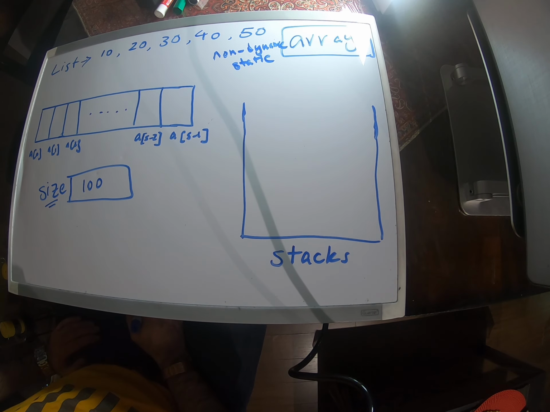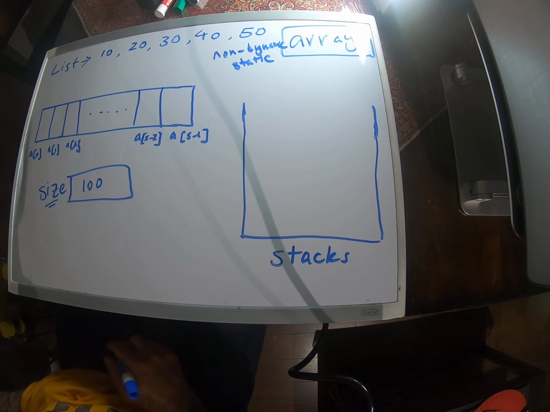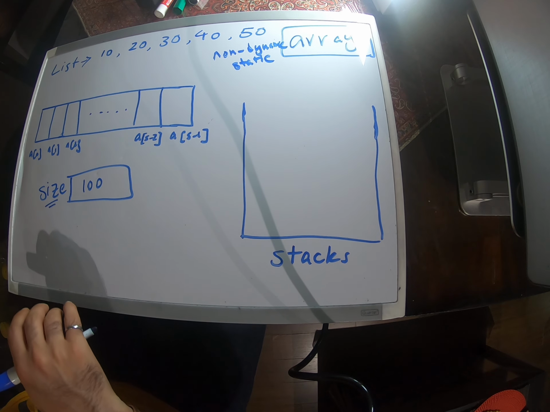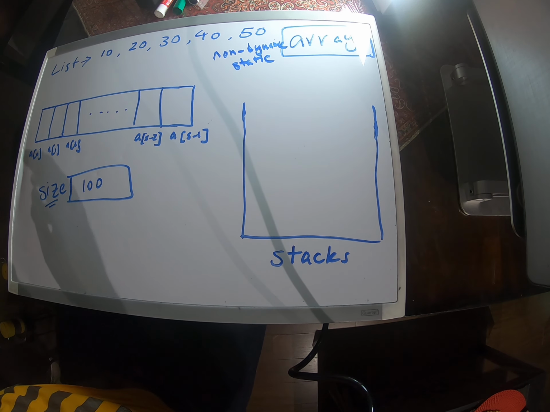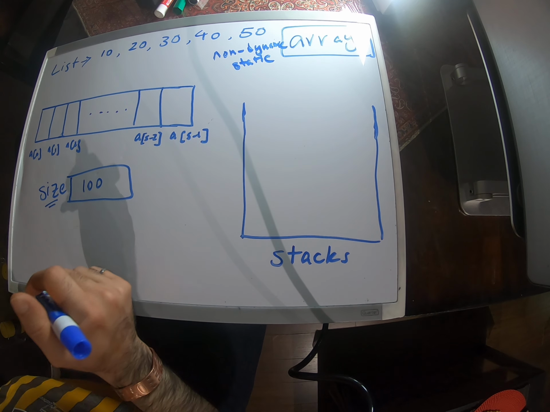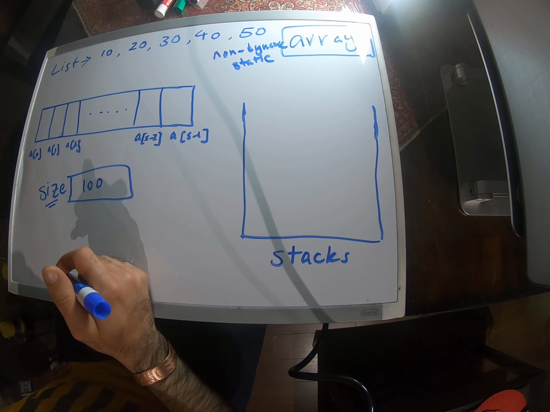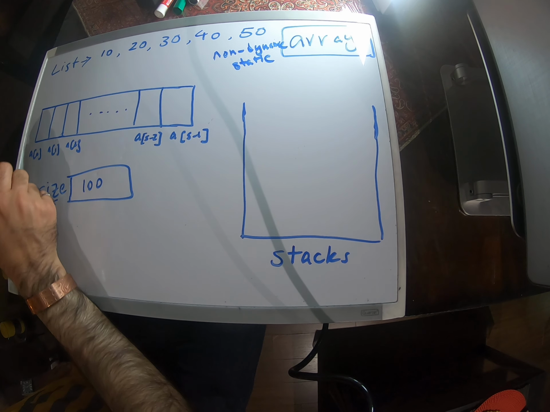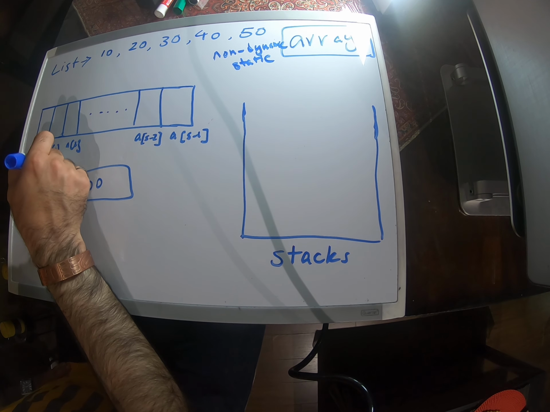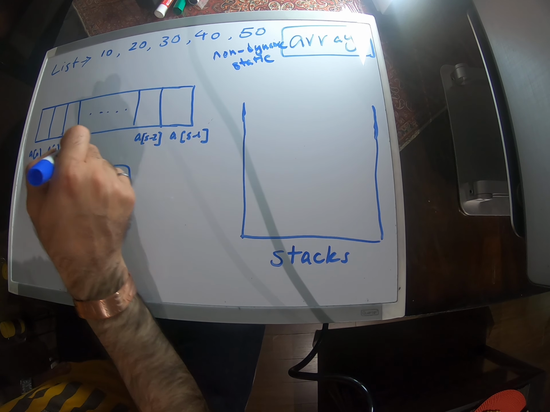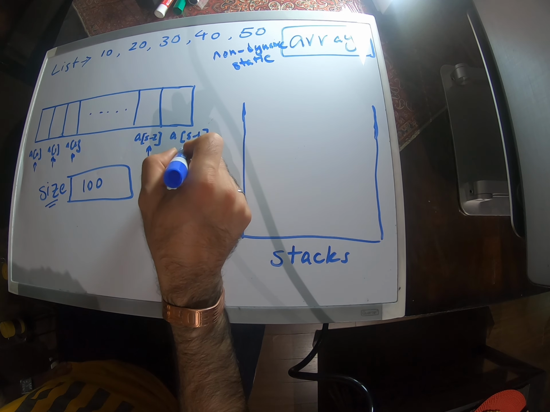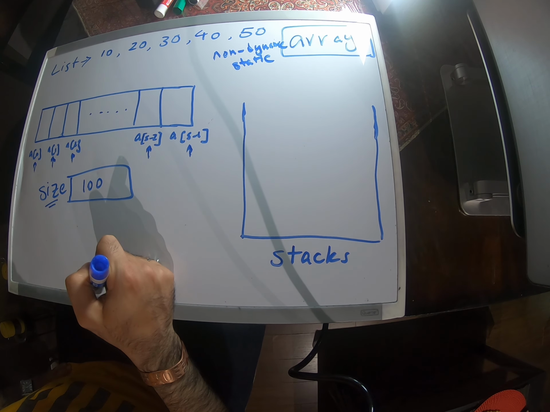What we want to do is place these numbers in the stack. One advantage of having arrays is that we can use the index of the arrays, so each element of the array has an index.